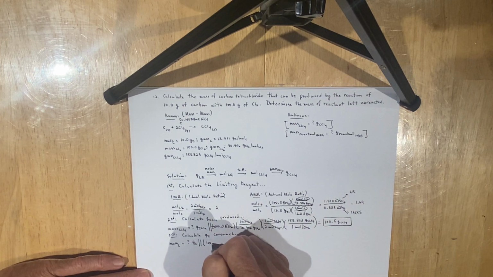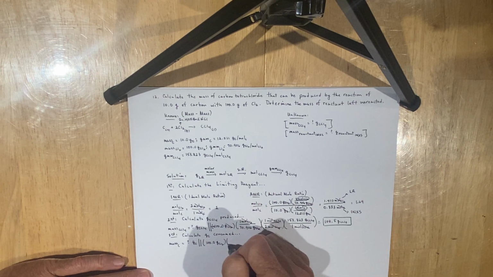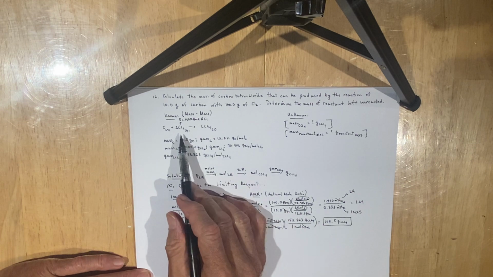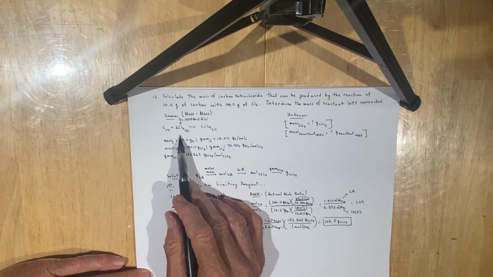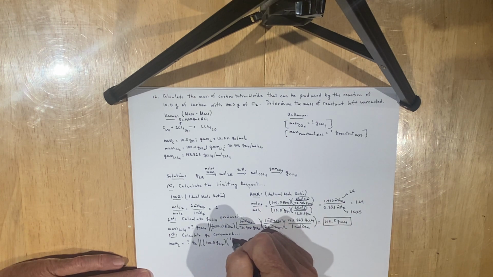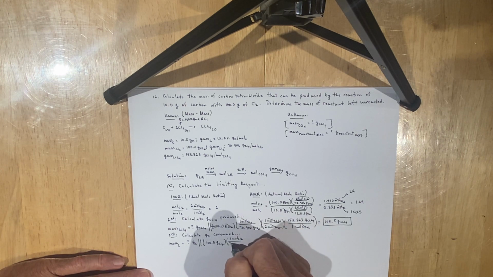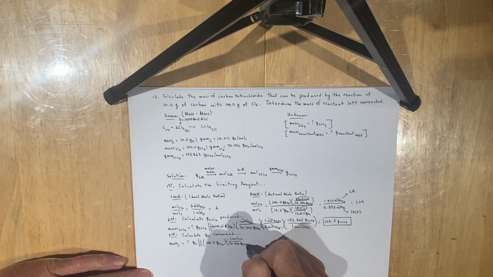I know that seems a little bit strange, but our task is really to determine how much carbon is consumed by chlorine. So if we know how much chlorine we have, we convert grams of chlorine to moles of chlorine, just like we did above, and divide that by 70.906 grams of Cl2.